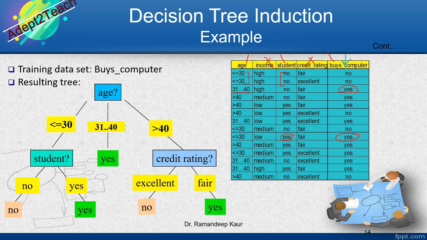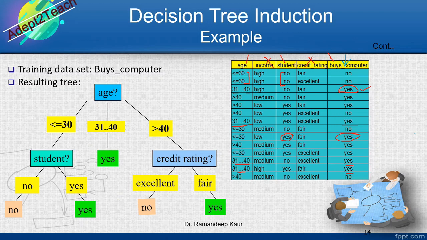So you can see from here, if age lies between 31 to 40, then they buy a computer. For every condition it holds true. In all the cases it is true. It is not dependent upon the rest of the three attributes. So if age lies between 31 to 40, then buys computer is yes.